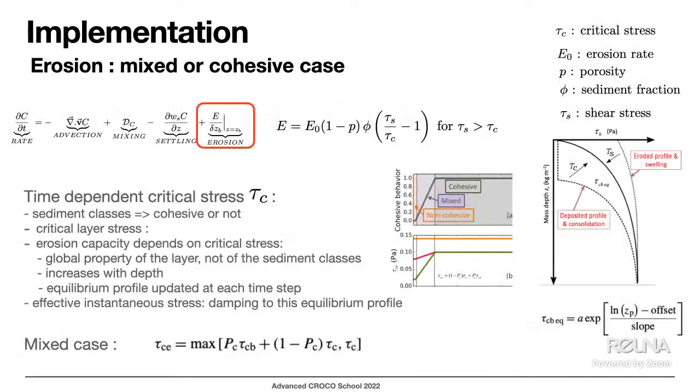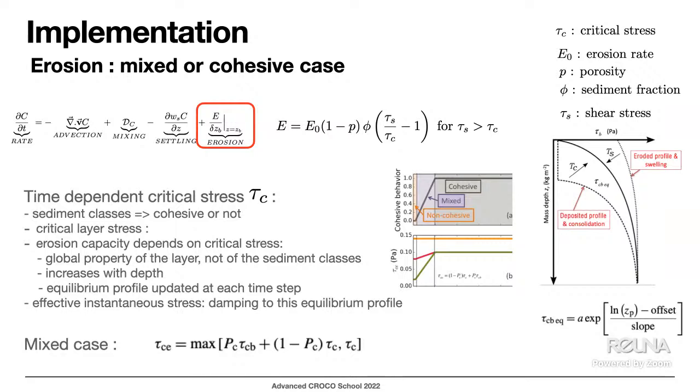But we also have something which is new inside CROCO, the case of mixed or cohesive bed. And here it means that in the bed, you can have a sediment with cohesive properties.